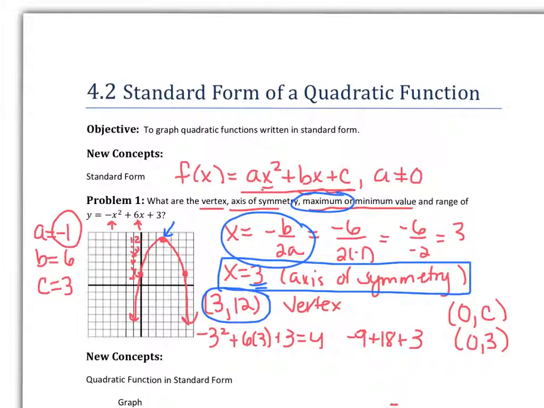My maximum, because it opens down, is going to be the value y = 12. That's the highest point my graph is ever going to reach, and that also helps define the range. If I look at my graph here, all of my y values will be less than or equal to 12 because it's opening down.